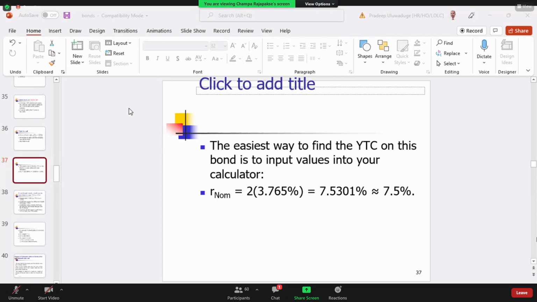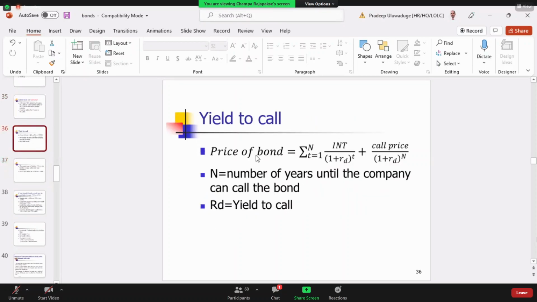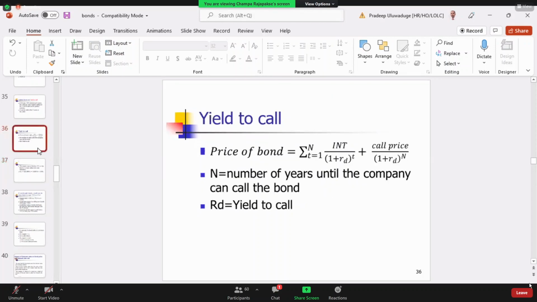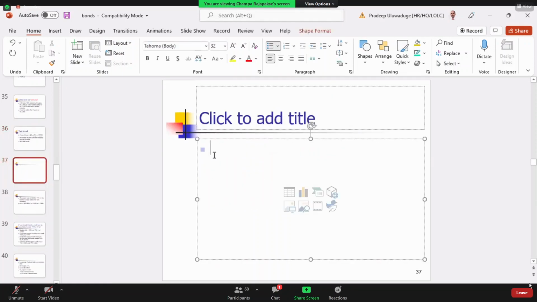Now, yield to call. I'll take a new slide. How did we calculate YTM?